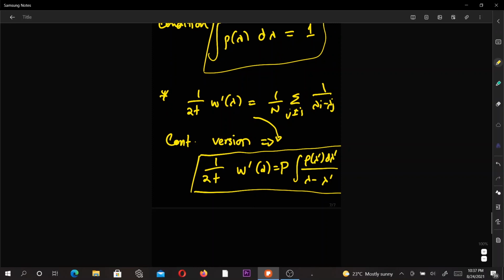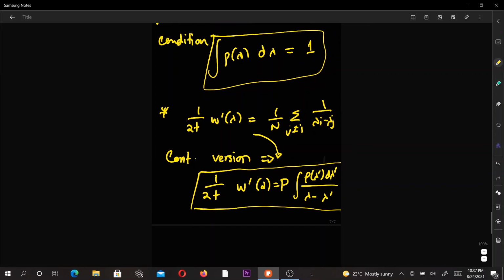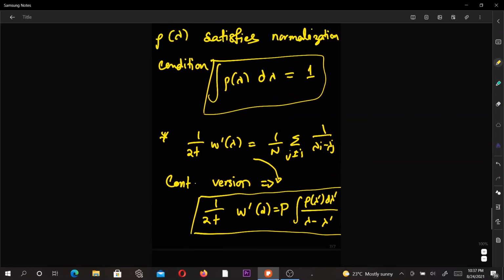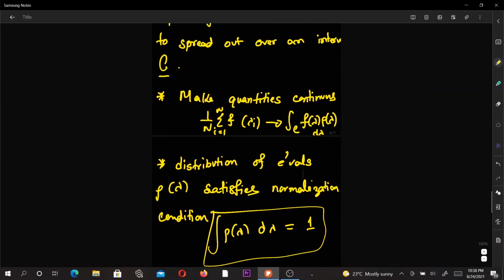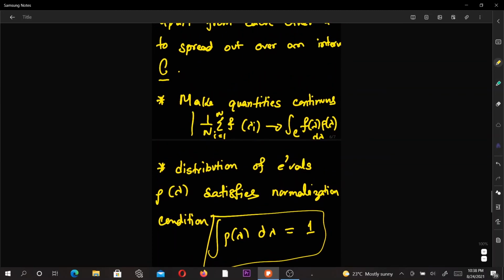If you know the potential in terms of the eigenvalues, you can compute the rho of lambda, right? The density function of any matrix model by this equation. If you can find the density function, you can solve any quantities, right?